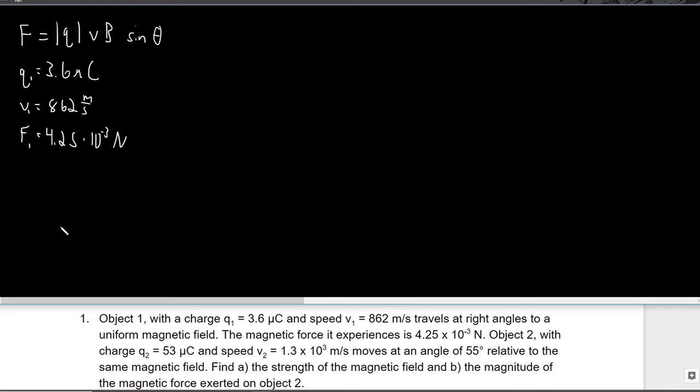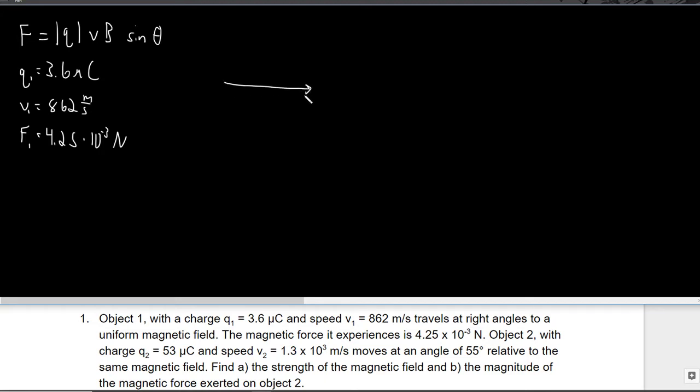As you notice, I quit writing stuff down. I didn't even touch object 2 with what I wrote down. Because if I'm looking at this equation, I have Q, I have velocity, I have the force, and they tell me it's perpendicular, so that means it's 90 degrees. The charge is moving 90 degrees compared to the magnetic field. I can even map that out.